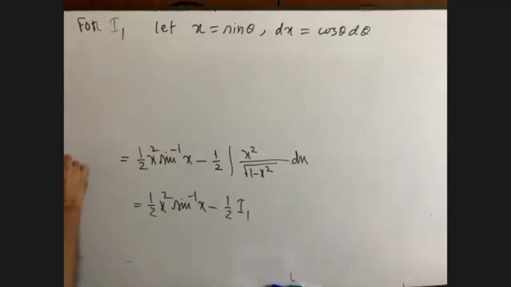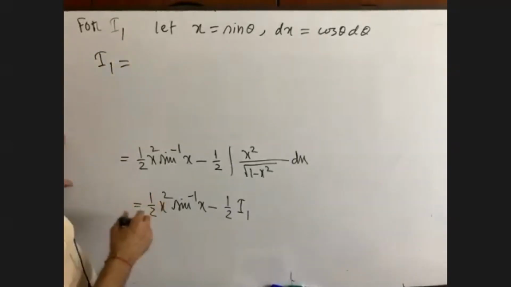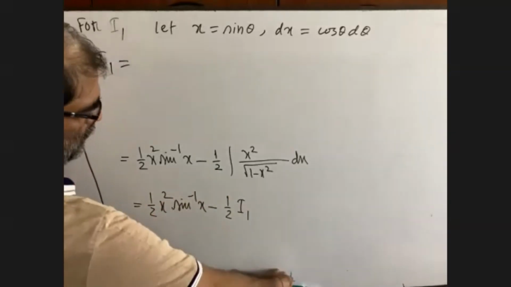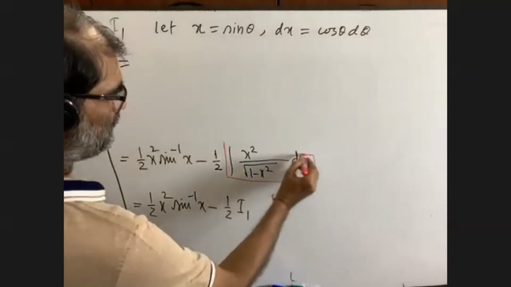That is, we are getting I1 equals to, I1 is equal to, this is half, so I1 is this part. We have I1, only this. It is only I1.